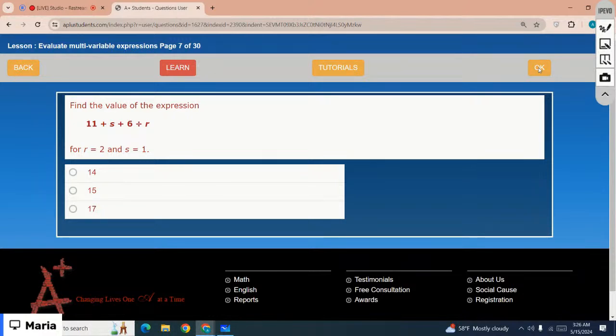11 plus s plus 6 divided by r, right? So you have to replace the variables r equals 2 and s equals 1. So that would be 11 plus 1 plus 6 divided by 2. So which is the correct option? Which operation do you perform first?